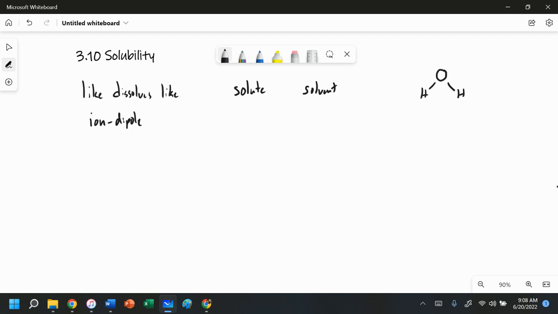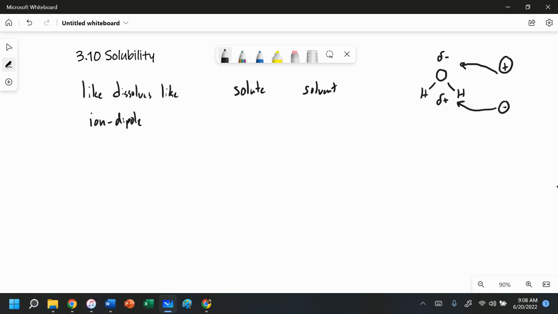So one side of the molecule has a partial negative charge, and one side has a partial positive charge. That means that ions can be attracted to the water molecule because opposite charges attract. So the negative side of a water molecule will be attracted to the positive ion, and the negative ion will be attracted to the positive side of a water molecule.